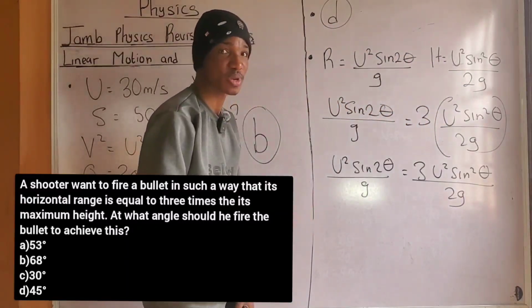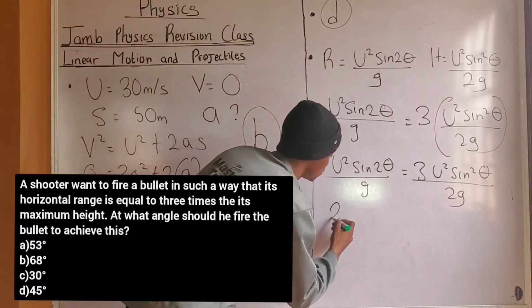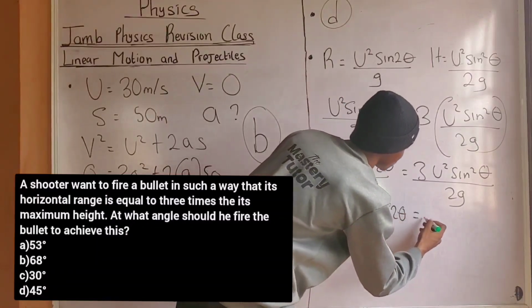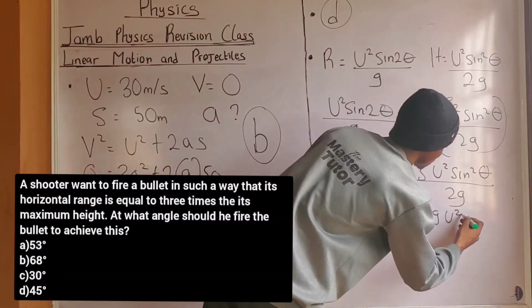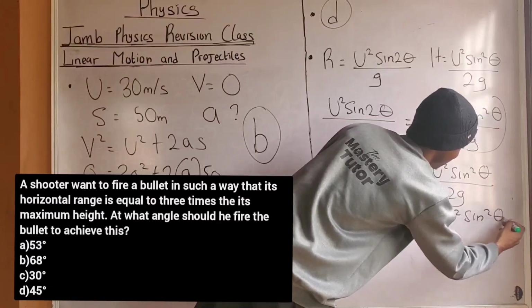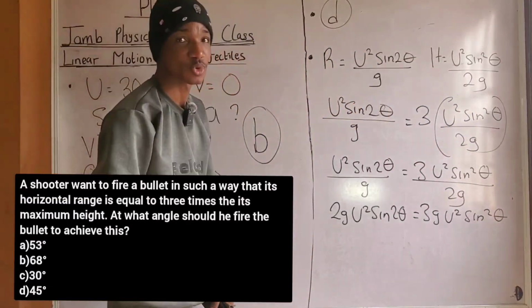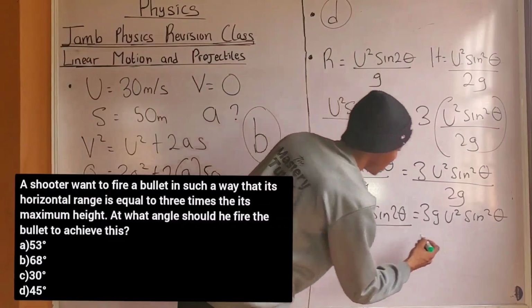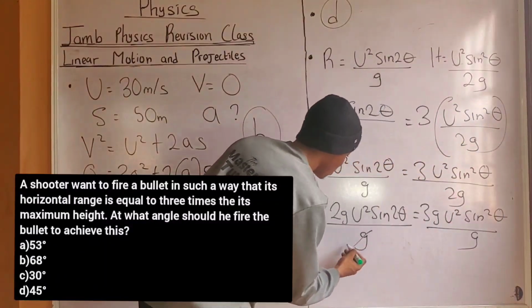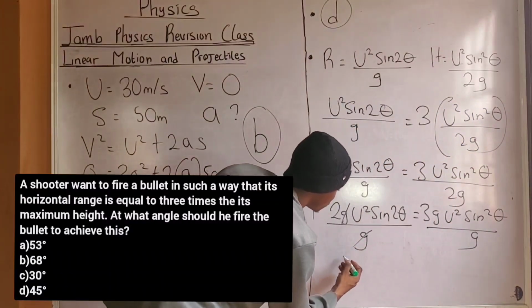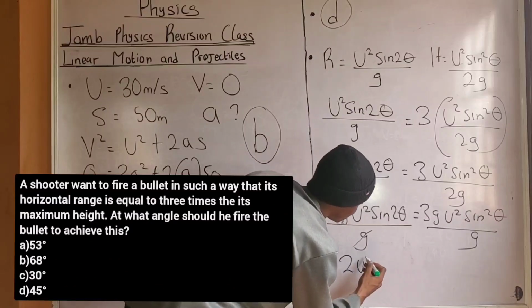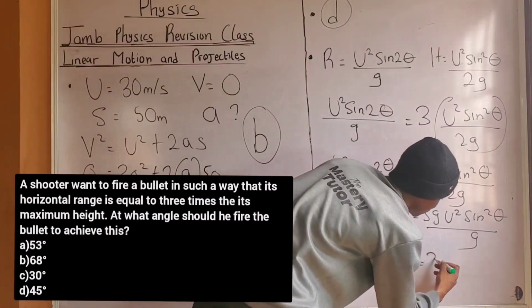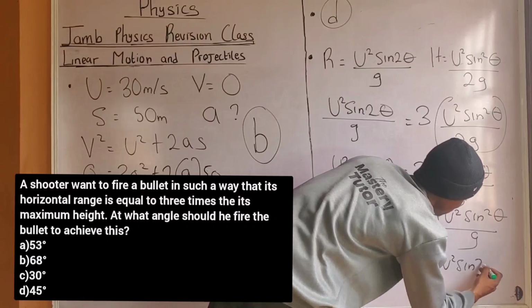So I'm going to cross multiply. For this, I'm going to have 2g u squared sine 2 theta equals 3g u squared sine squared theta. Now, divide both sides by g. And we are left with 2u squared sine 2 theta equals 3u squared sine squared theta.